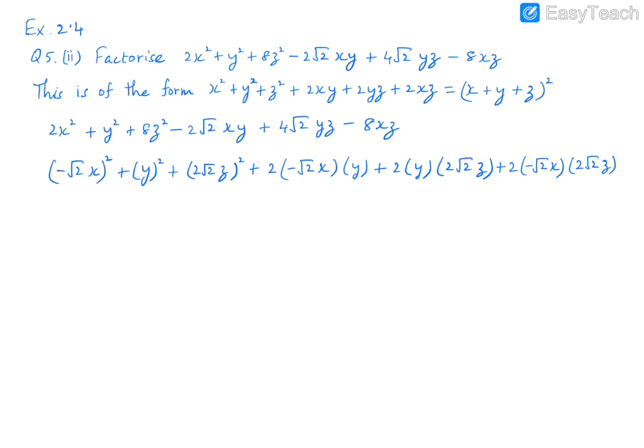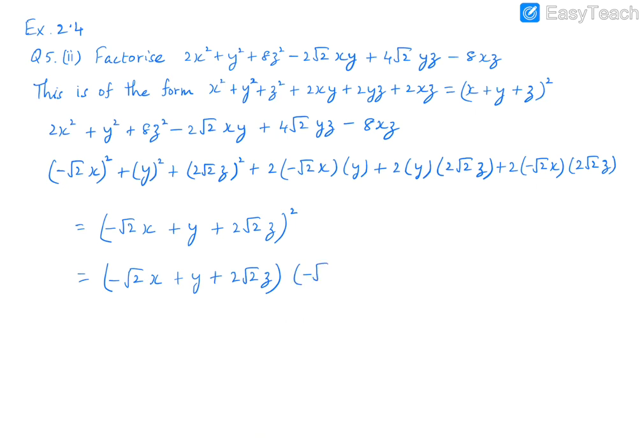So therefore, we can write this as minus root 2x plus y plus 2 root 2z the whole square. So that is basically equal to, since it's a square, we can write it as negative root 2x plus y plus 2 root 2z multiplied with itself.